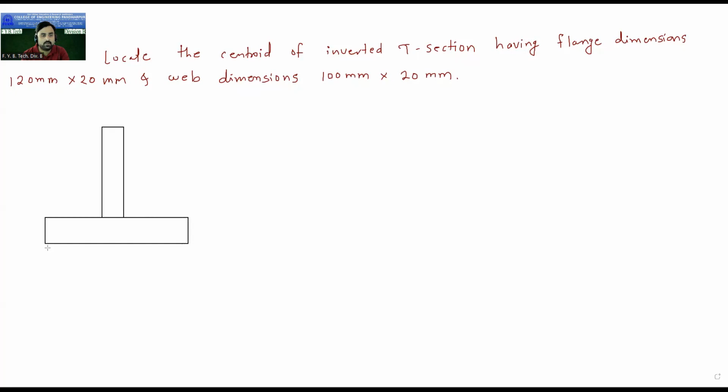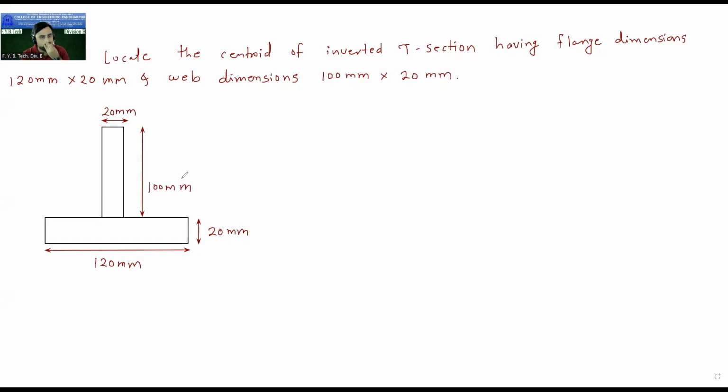So flange is this one. This is 120 mm and this is 20 mm. And then web is 100 by 20 mm. So this dimension of the web is 20 mm and this depth of the web is 100 mm.